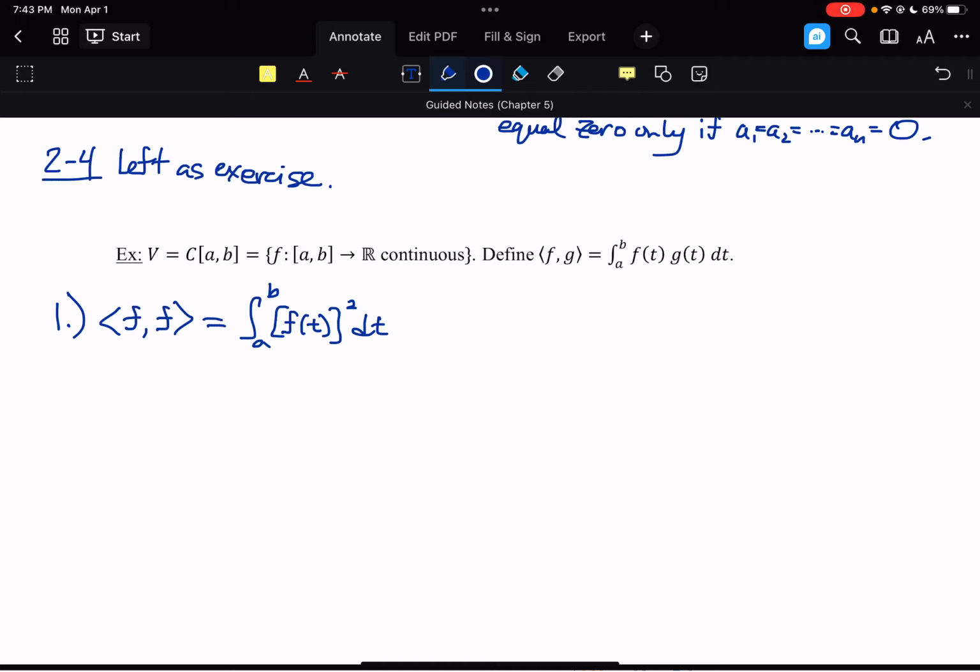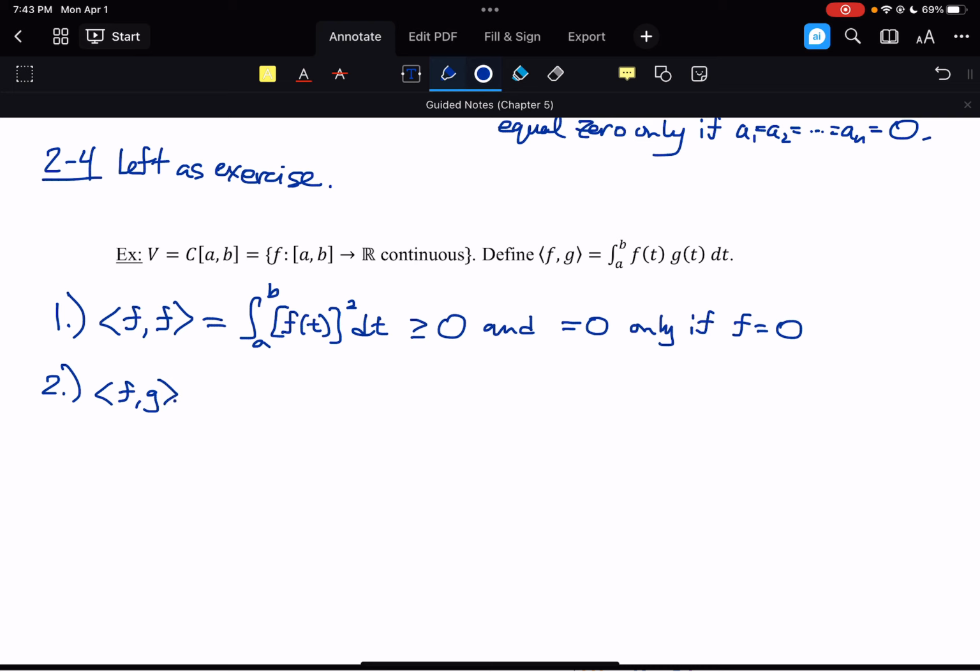And this, with that square term in it, of course, is going to guarantee us a value greater than or equal to 0, and equal to 0 only if f is 0. So that's the only way we're going to get a 0 out of that one.